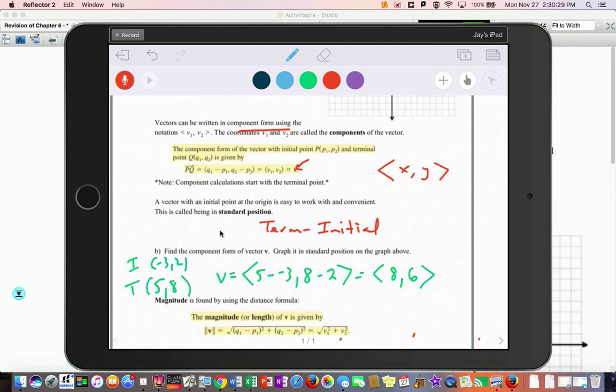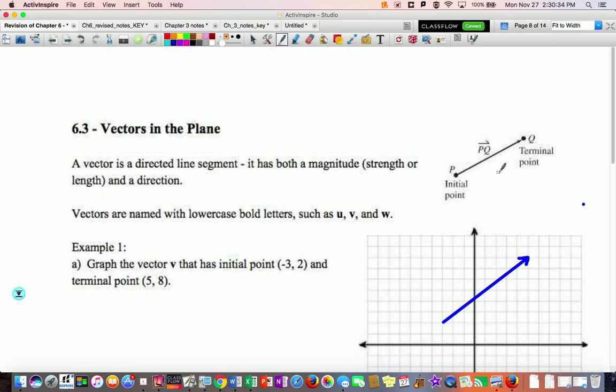So now if I graph one at 8, 6, we can come back over to this graph, and basically what I would have is if I take this one and I go down 2 and over 3, so notice how I moved. I'll do that again. So watch right here, the initial point. I go down 2 and over 3.